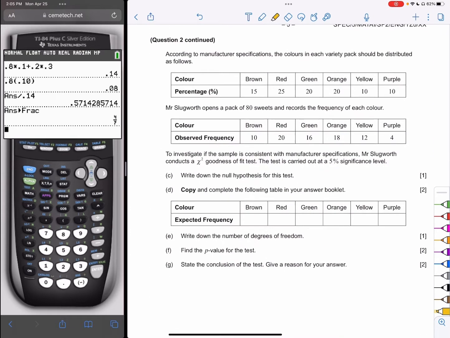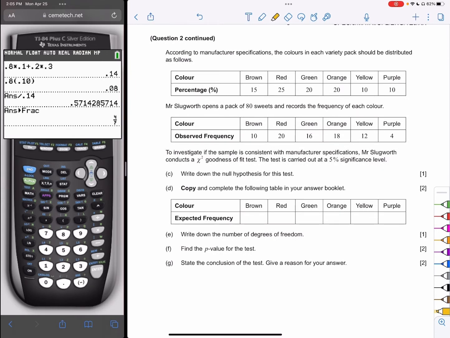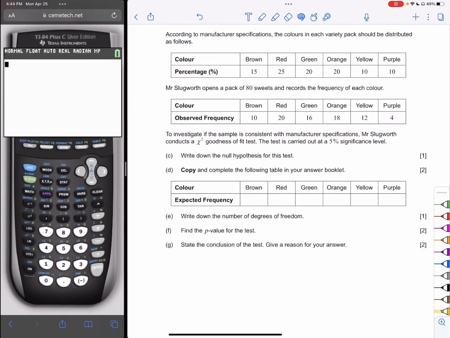All right, so next it says, according to the manufacturer's specifications, the colors in each variety pack should be distributed as follows. So we have the color versus the percentage. It says Mr. Slugworth opens a pack of 80 sweets and records the frequency of each color. To investigate if the sample is consistent with the manufacturer's specifications, Mr. Slugworth conducts a chi-square goodness of fit test.